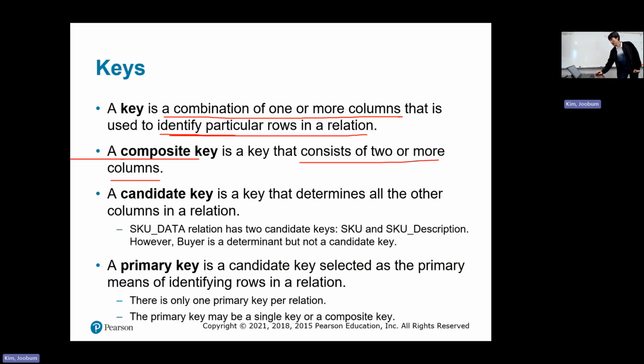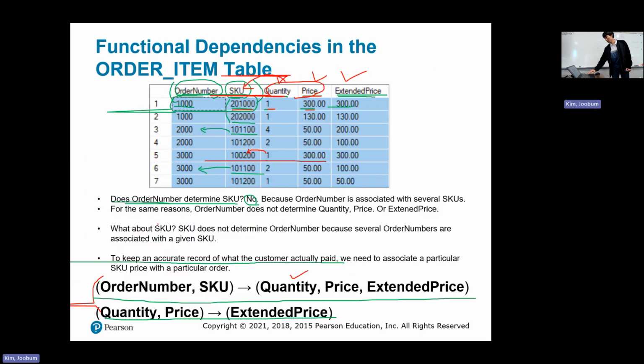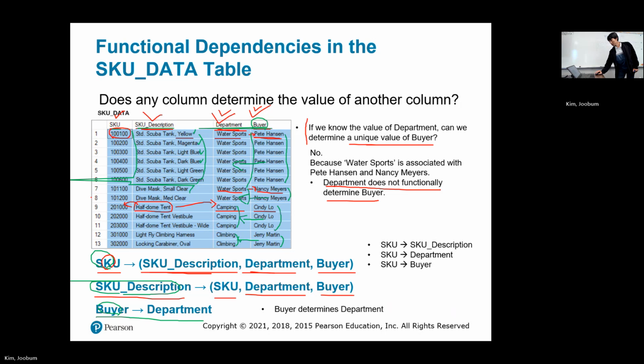Okay. The candidate key determines all other columns in the relation. So this is important: it determines all the other columns. From this example, there are 3 determinants: SKU, description, and then buyer.